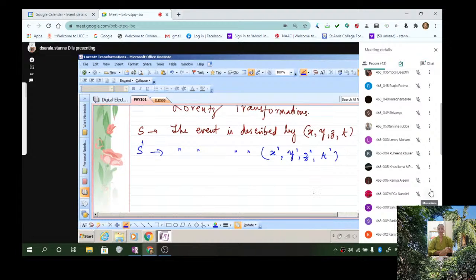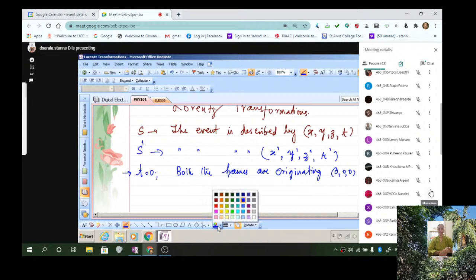So at time t is equal to 0, as before, both the frames are originating at 0, 0, 0. Initially, to start with, both the frames are starting from the origin.